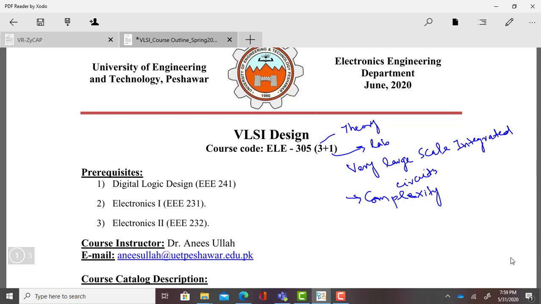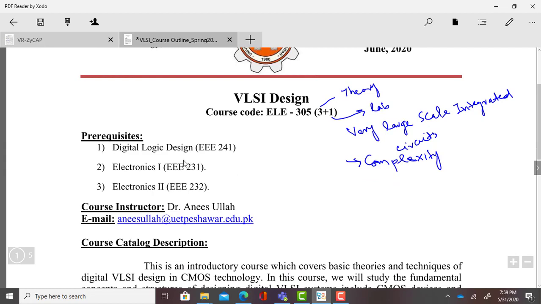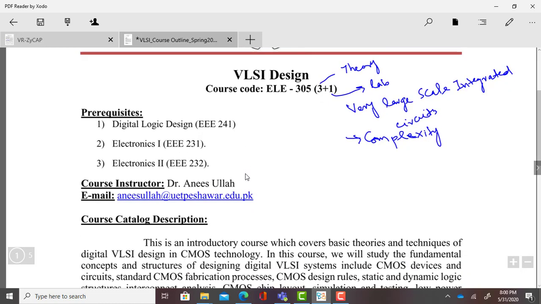Okay, but first, what are the prerequisites? You should have a basic course in digital logic design, which I think you all have taken. Then you should have electronics 1 and electronics 2. Maybe electronics 1 is enough, but if you have taken electronics 2, it's good.